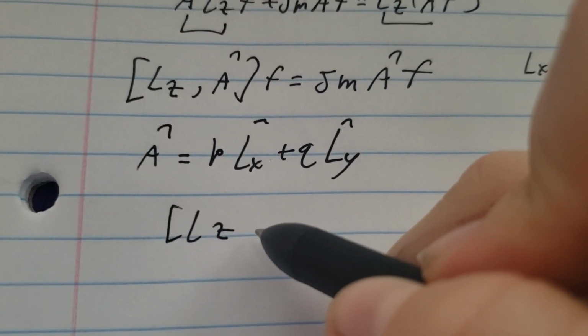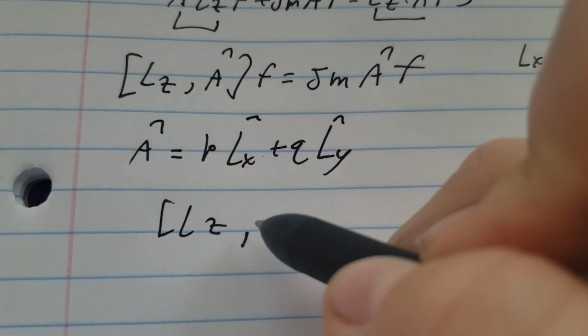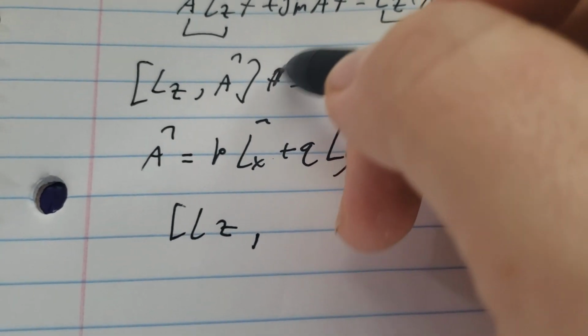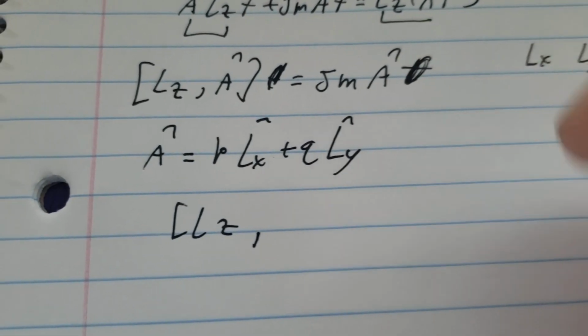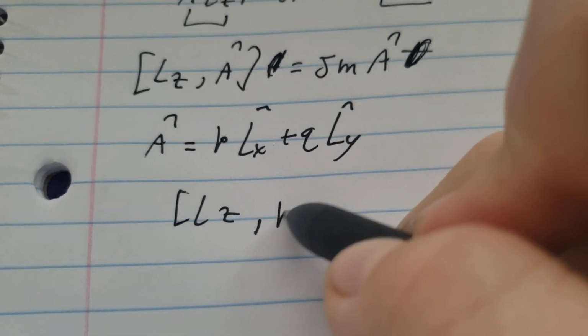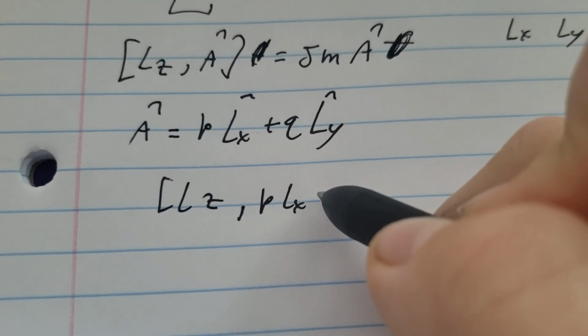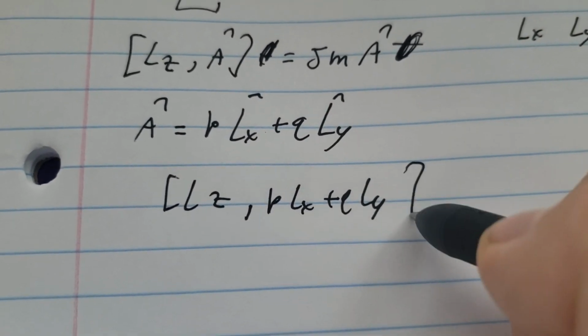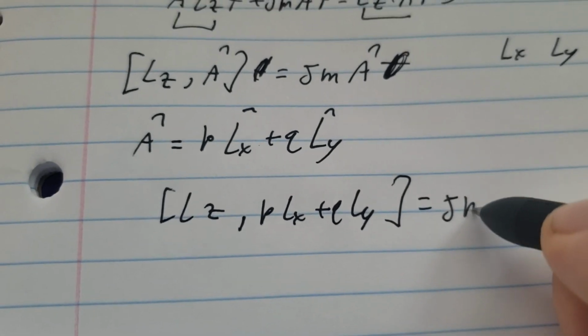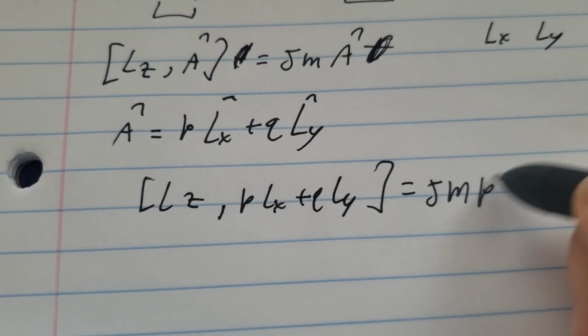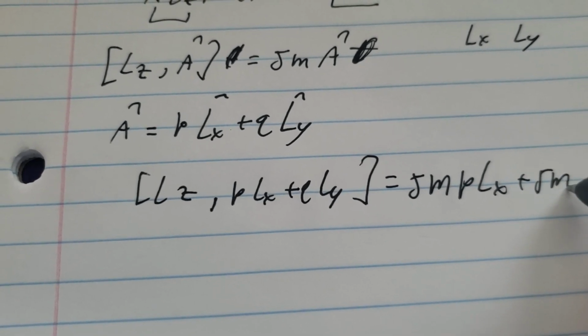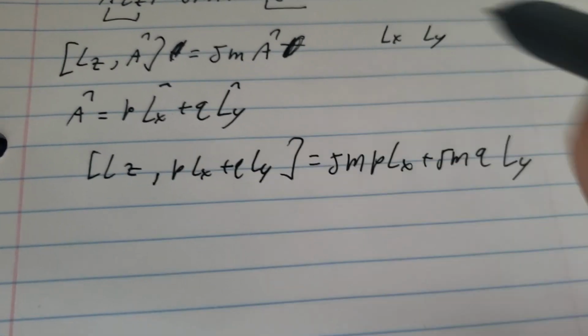So Lz, and we can remove f now from that equation. So Lz with p Lx plus q Ly is equal to delta m p Lx plus delta m q Ly.